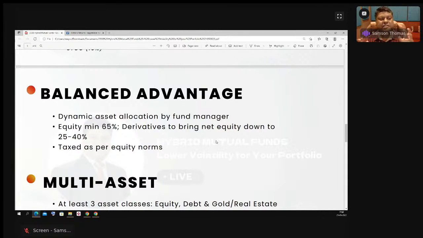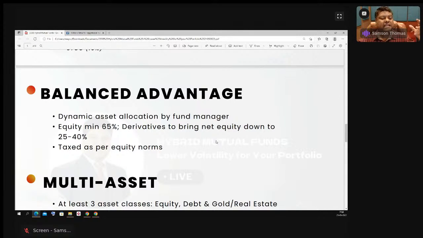So this is giving you much more cushion in terms of volatility, because the fund manager has the ability to bring it down to 25% by taking counter positions in derivatives. But the advantage here is that because the equity is 65%, it will still be taxed as per the equity norms. So think about this.